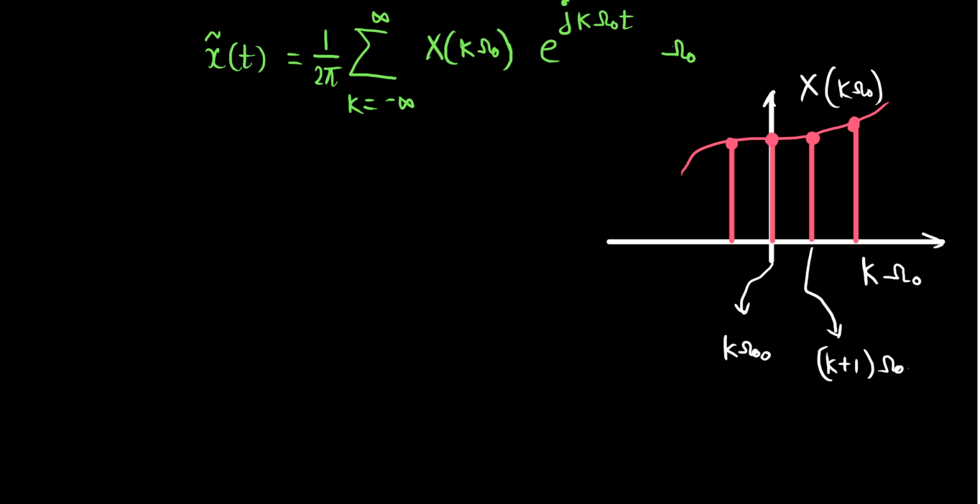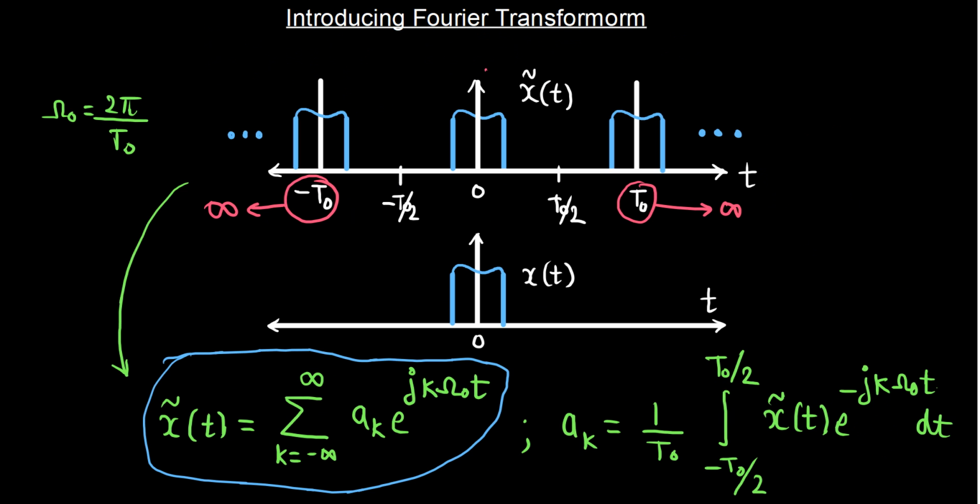Now, this omega naught is 2 pi by t naught. You can see that this omega naught is 2 pi by t naught, and we say that t naught tends to infinite.